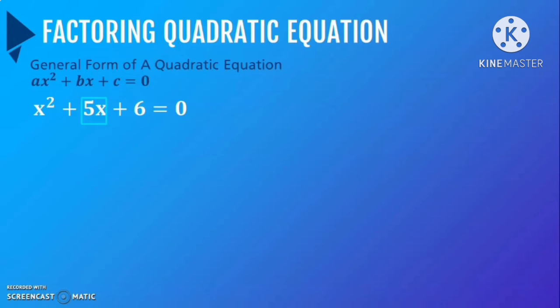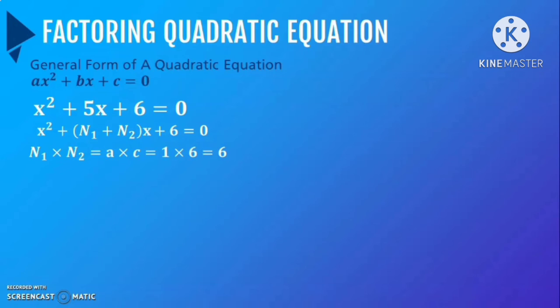The technique was very easy. We first write the coefficient of the middle term as the sum of two numbers, n1 and n2, and the two numbers are such that their product equals the product of a times c, that is 6.